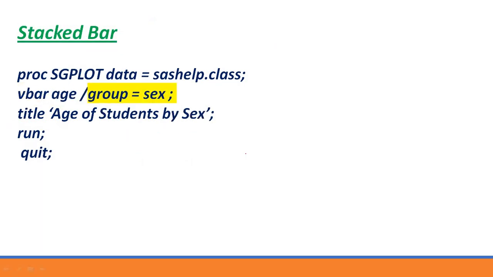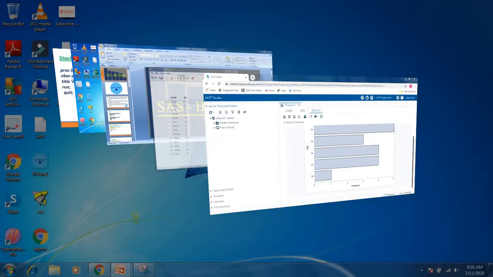The next one is the stacked bar. In the stacked bar chart we are going to plot the bar chart for one variable with respect to another variable. Here I am going to create the vertical bar for the age variable, and I am going to group the data based on sex. Let's see how we can do that.